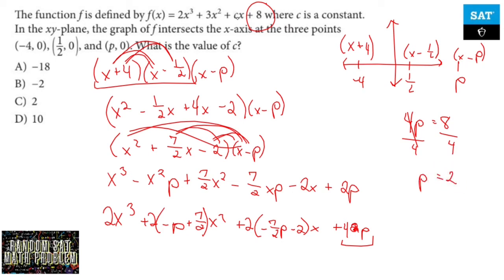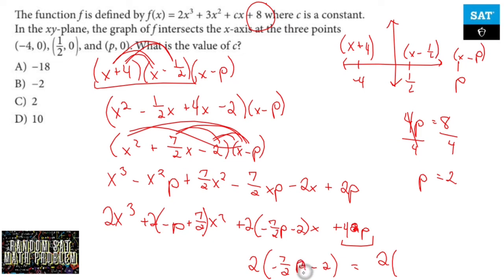My job is to find out what c is. C is in front of x. Also, negative 7/2 p minus 2 is in front of x. I now know that p is 2. So if I multiply that by 2, I get negative 7 halves times 2.